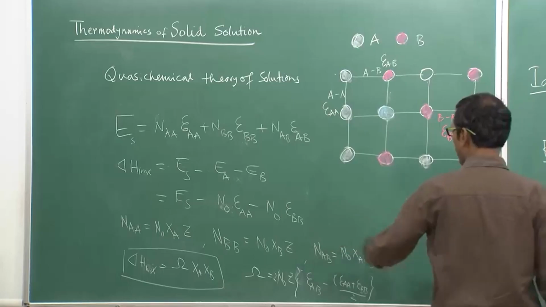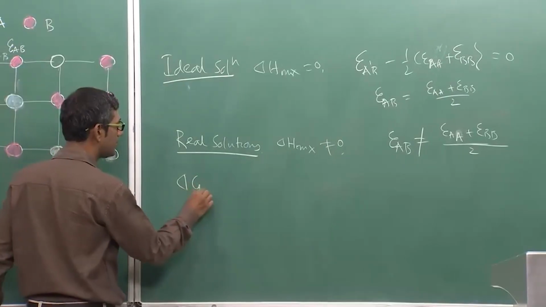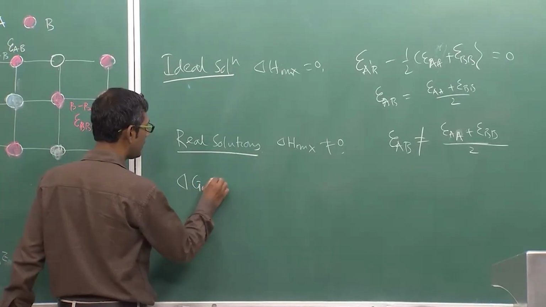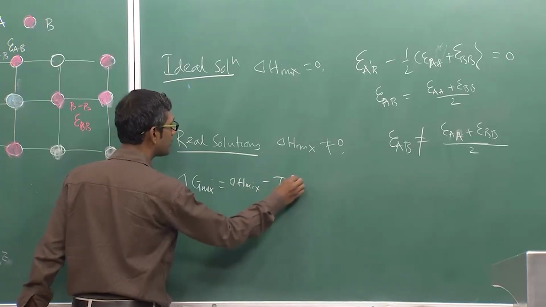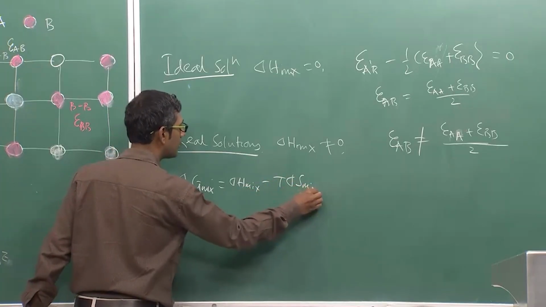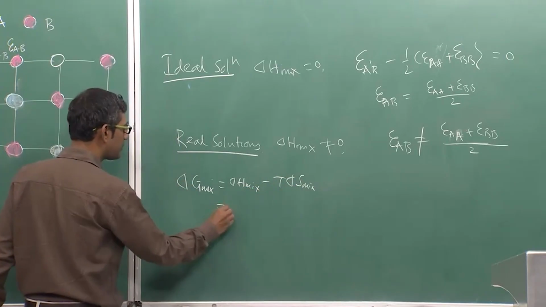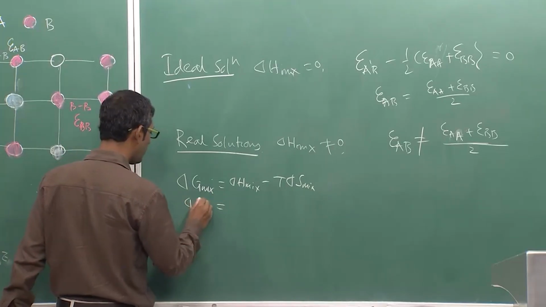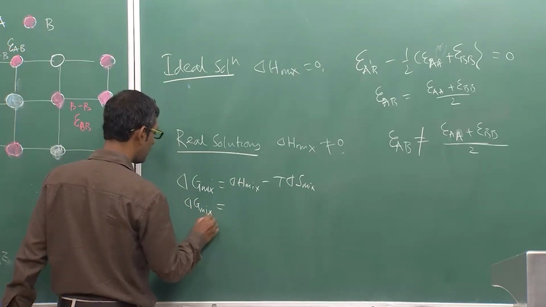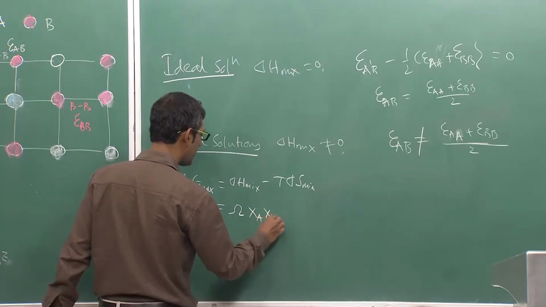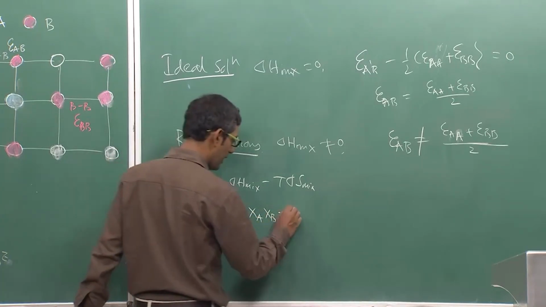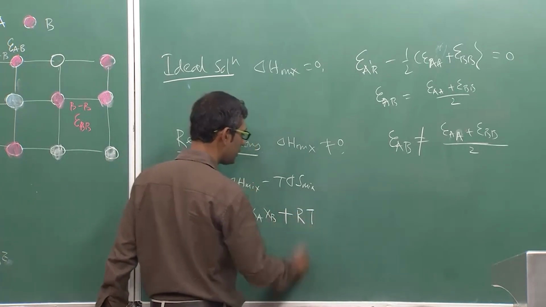So now if I know delta H mix, I can write down delta G mix is equal to delta H mix minus T delta S mix. So that means delta G mix is equal to omega XA into XB plus RT.